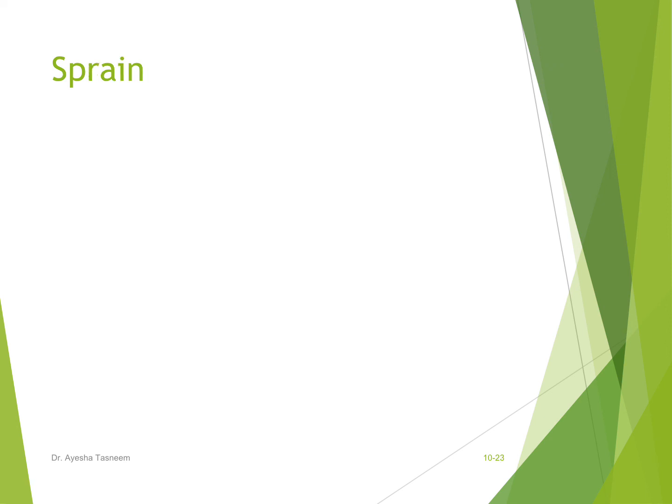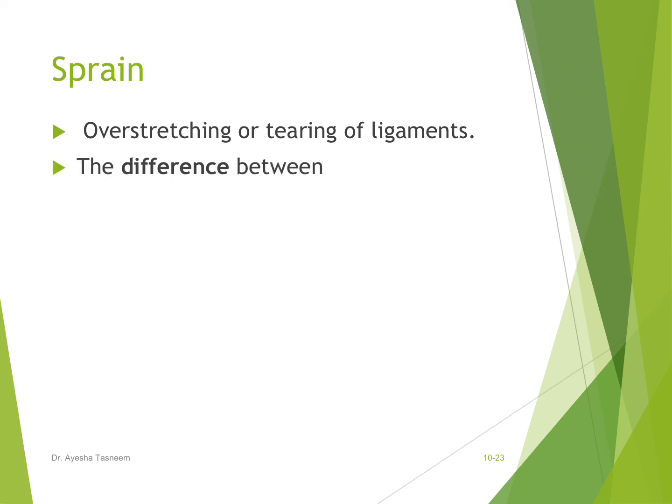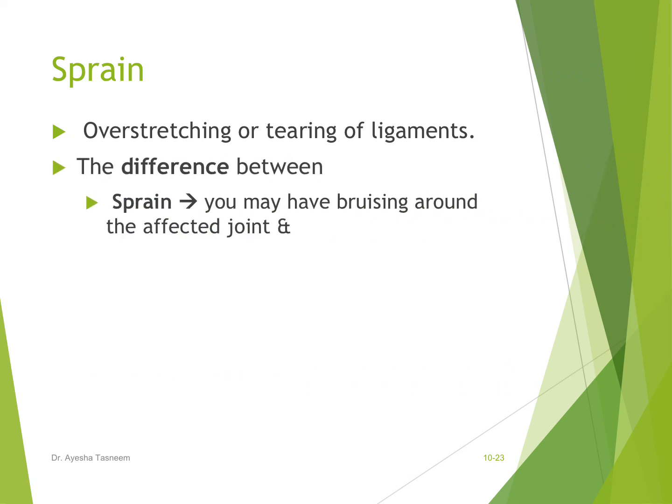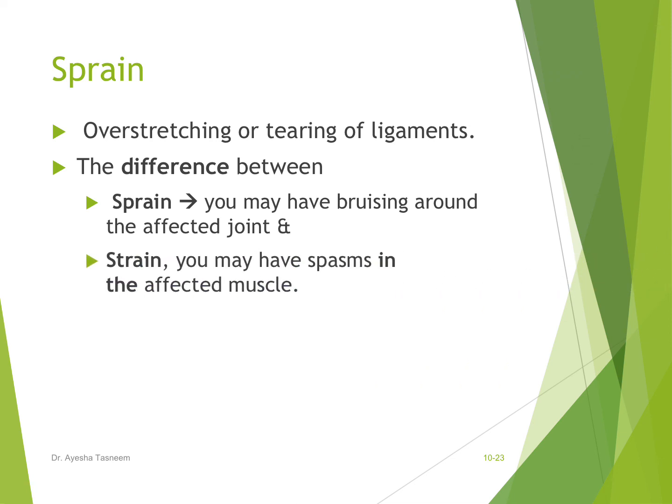Then, what is sprain? That can be due to overstretching or tearing of the ligaments. How can we differentiate between the sprain, the strain and spasm?